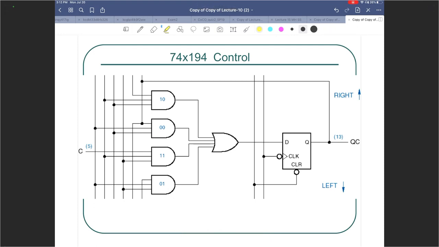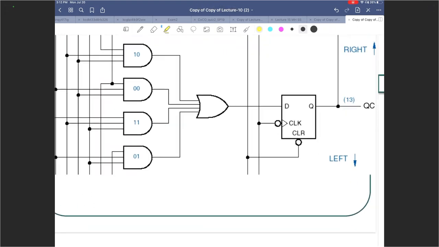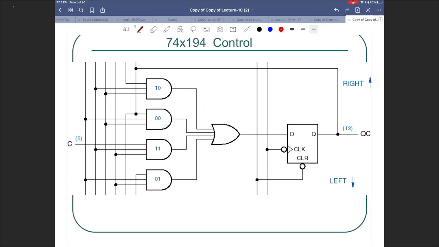But if I were to quickly make a 4:1 mux here for this, I would do this, right? One, two, three, 4. I would say S1, S0 as always. 0, 0, 0, 1, 1, 0, 1, 1.